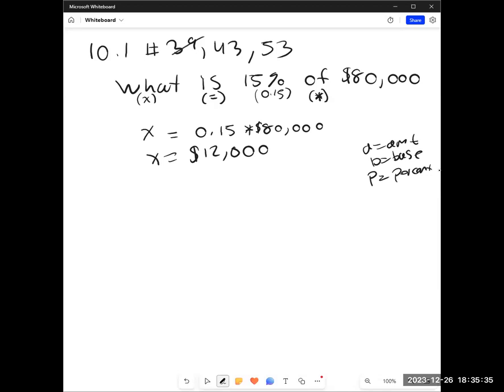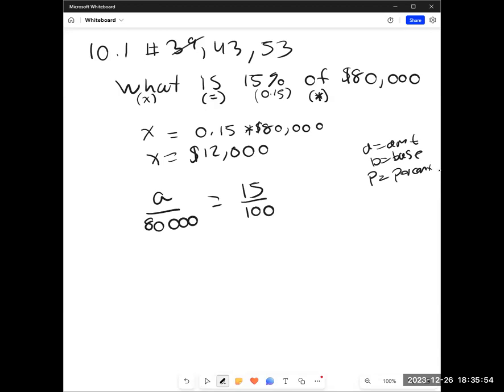So I have A over B equals P over 100. So I don't know the amount. I do know the base is 80,000. My percent is 15%, so that's 15 out of 100.